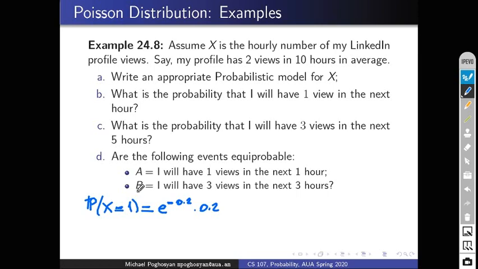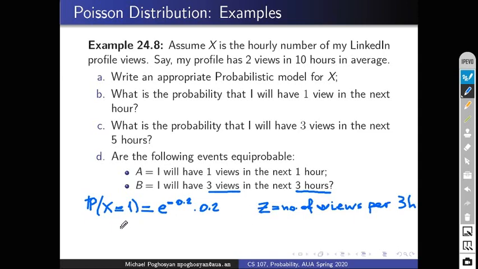The next is the probability that I will have 3 views in the next 3 hours. So I cannot use this X anymore. I need to have, say, Z is the number of views per 3 hours.